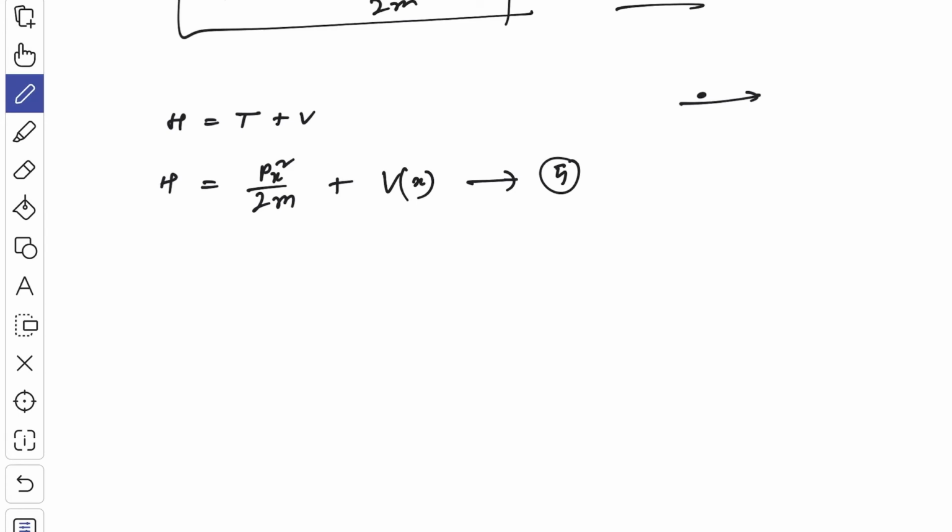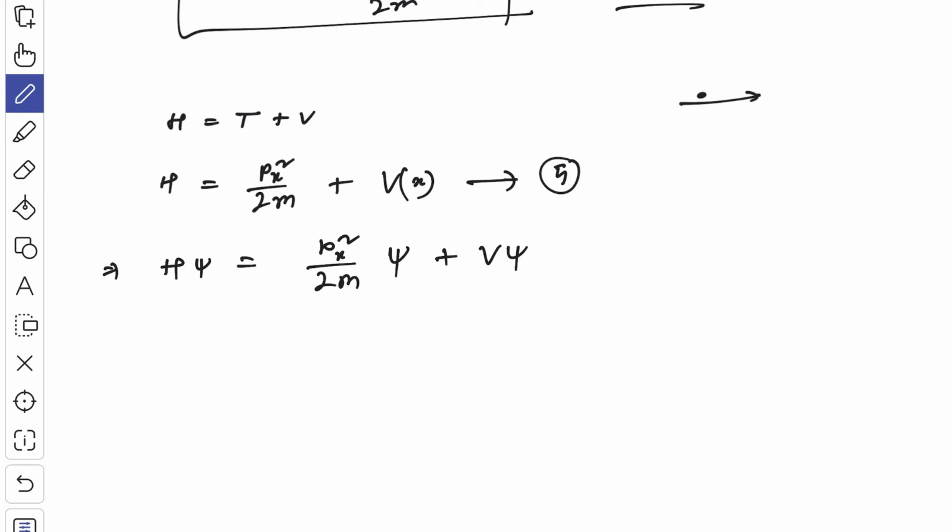So now if you multiply this equation by psi on both sides, then you will get H psi is equal to px square by twice m psi plus V psi. That's what you will get.